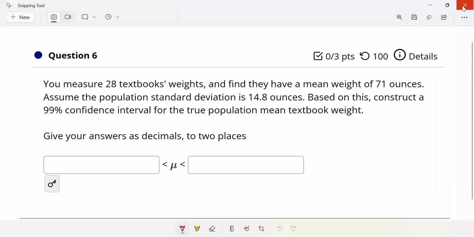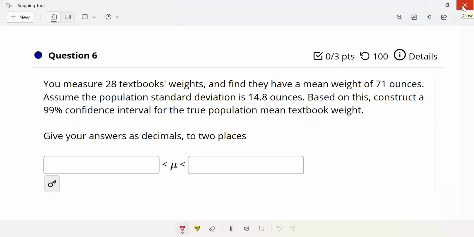Here we go. So first of all, when you read through the question, let's put a symbol for each number. You measure 28 pascals in the sample size. So the mean weight, meaning the average weight, sample mean is 71 ounces. Assuming the population standard deviation sigma is 14.8. Then construct a 99% confidence interval.